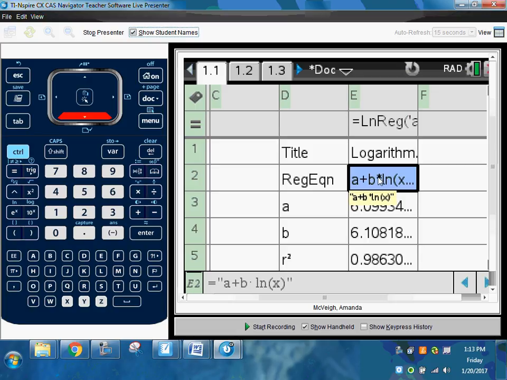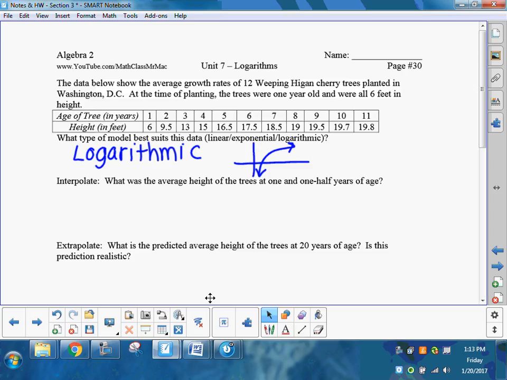So what would we have as our equation? Jared, if we rounded to the, you said 2 places? It's a 3. Three places. What are you going to say? What's the regression equation going to be rounded to 3 places?